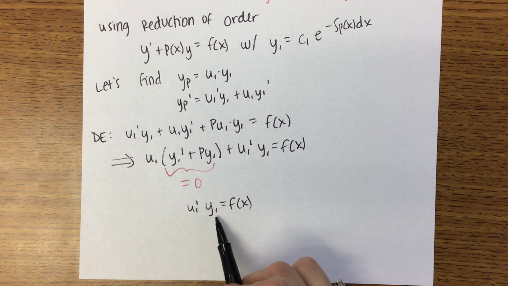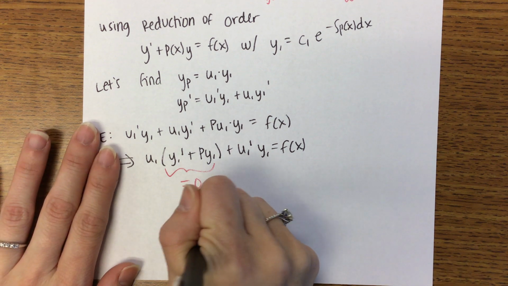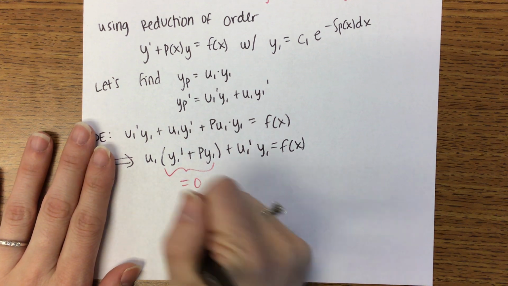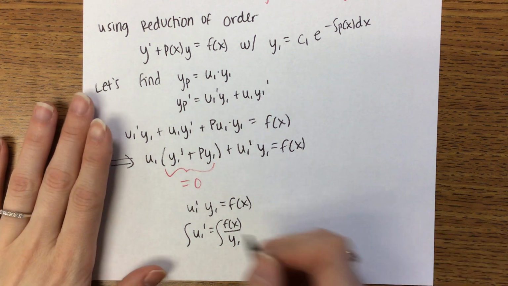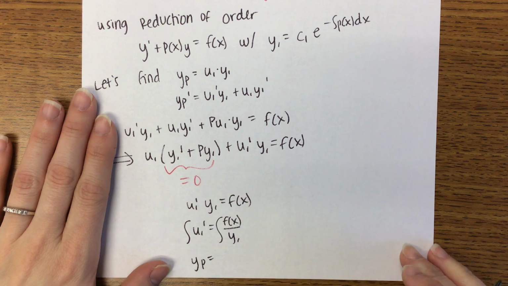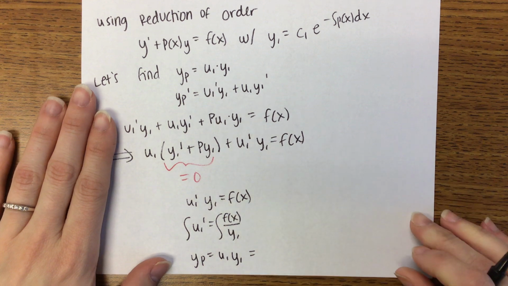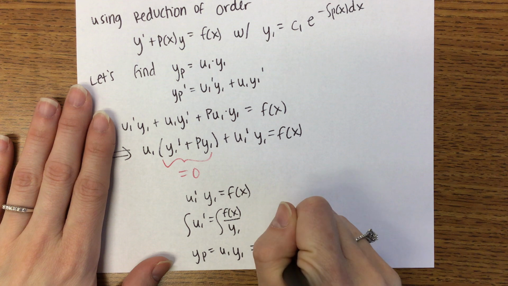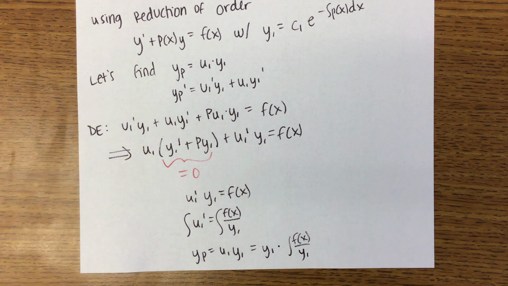We know what f of x is, we know y1, we need to know u1. This is separable, so integrate. We get our particular solution to be u1 y1, which is y1 times the integral of f of x over y1.